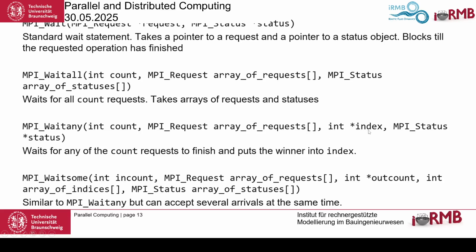Then it will also return the index of the one that first returned, yeah. And you can also wait for some. There you have to specify for how many you are going to wait.